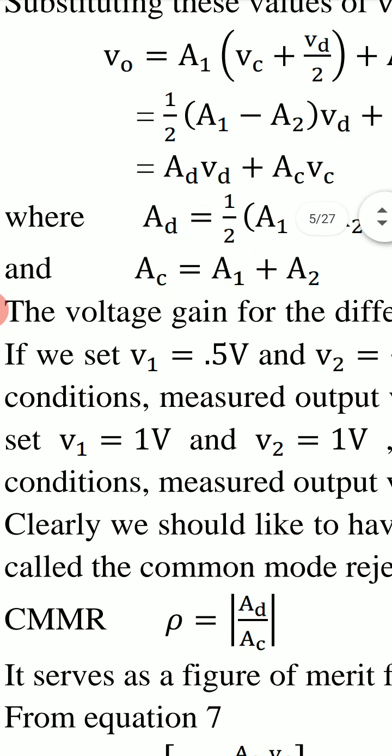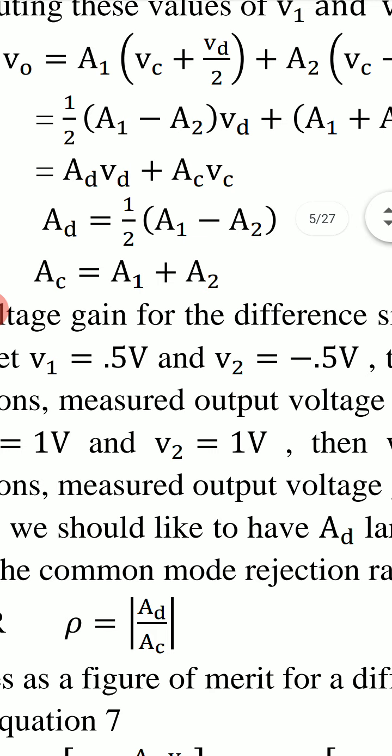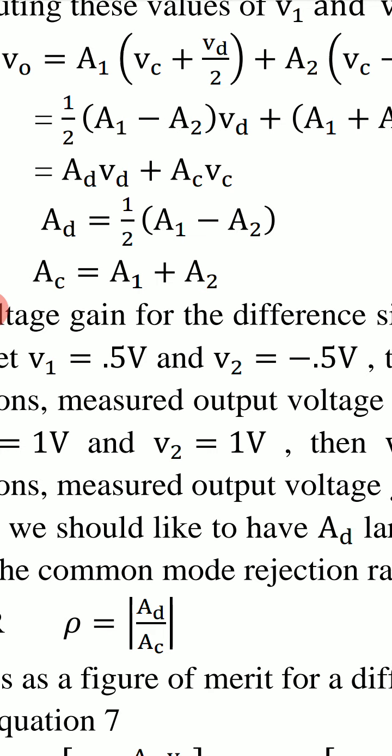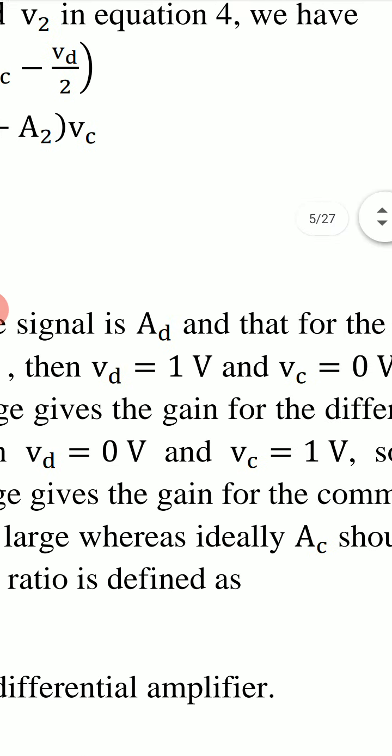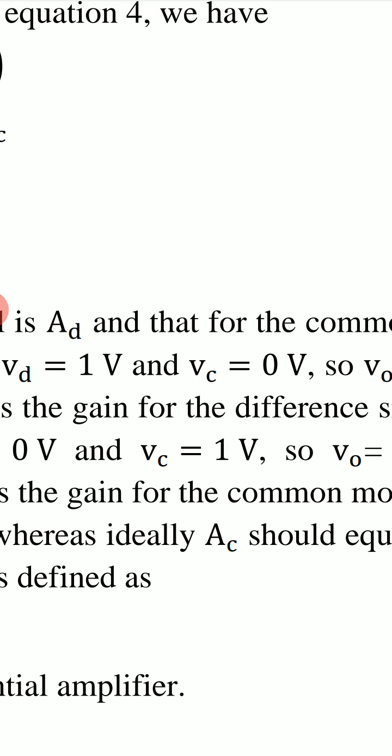If we set V1 equal to 0.5 volt and V2 equal to minus 0.5 volt, then Vd, which is difference of these two signals, is equal to 1 volt, and Vc, which is the average of these two signals, is equal to 0 volt.